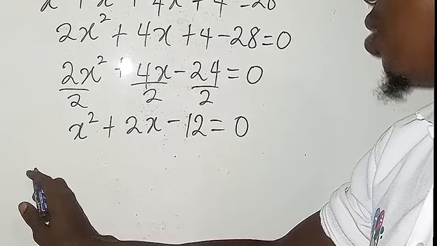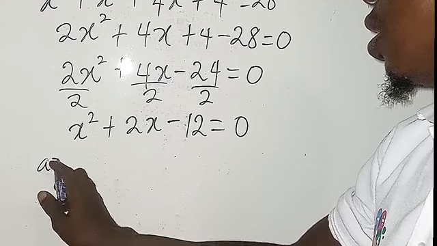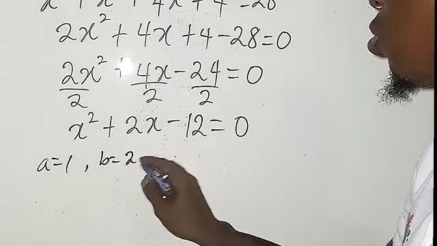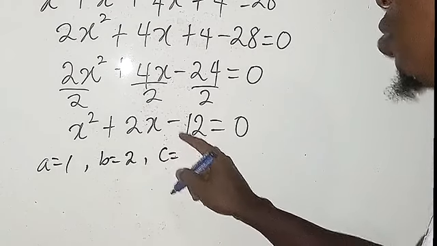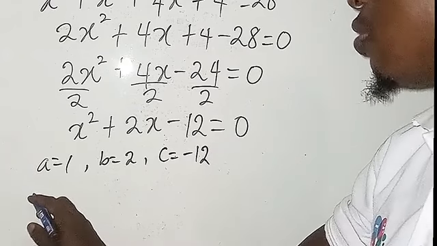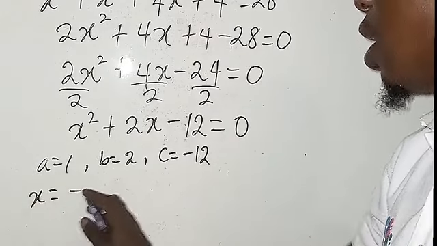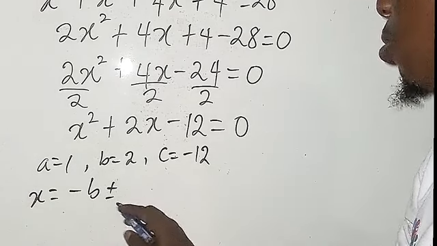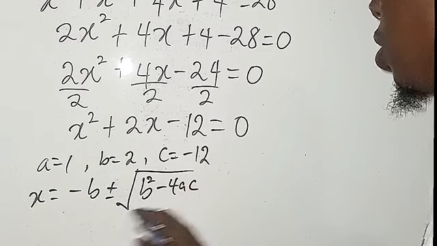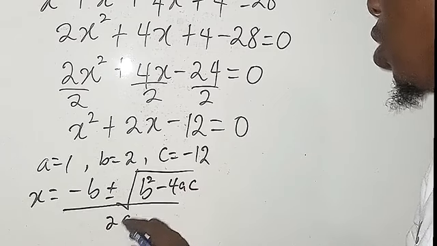That is, we have a equals 1, b is the coefficient of x, which is 2, while c is minus 12, which is the constant term. The quadratic formula is minus b plus or minus the square root of b squared minus 4ac, all over 2a.